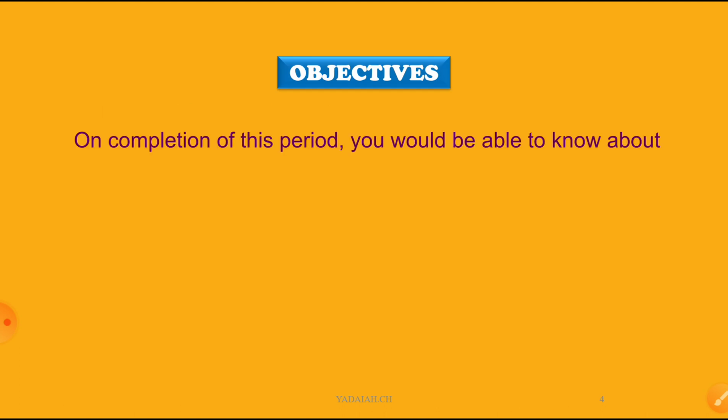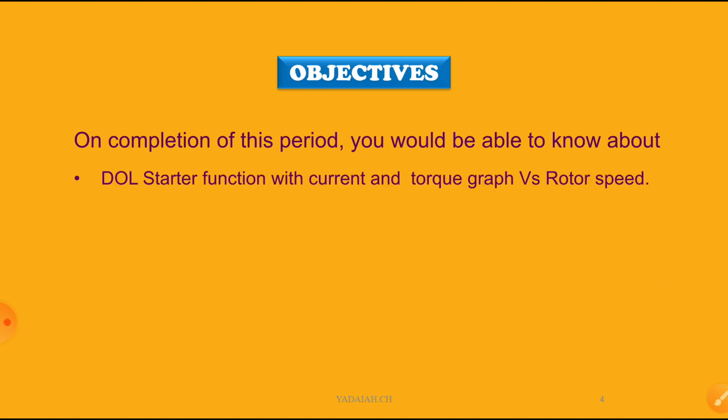On completion of this period, you would be able to know about, first one, the DOL starter function with the current and torque graph versus rotor speed. Last class we have seen the torque graph with respect to the rotor speed. Once again recall it, so we can easily understand the significance of rotor speed and current.